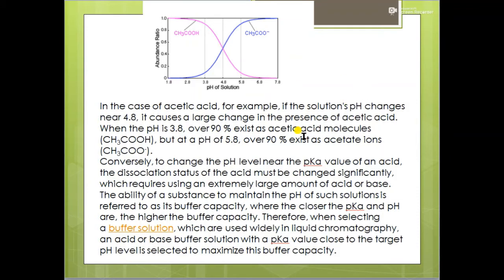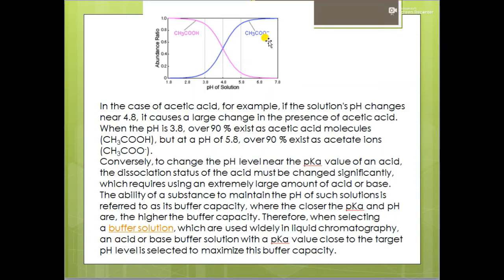In this case, you can see that if the solution's pH changes near 4.8, it causes a large change in the form of acetic acid present. Looking at the pH from about 1.8 to around 4.9, acetic acid will be found as CH3COOH. But beyond that, from 4.9 to 7.8, the more predominant form is CH3COO minus.